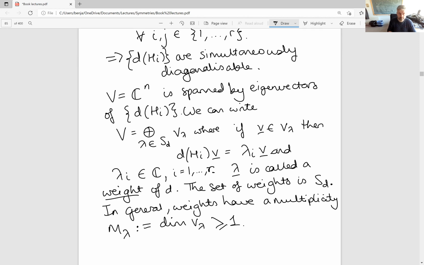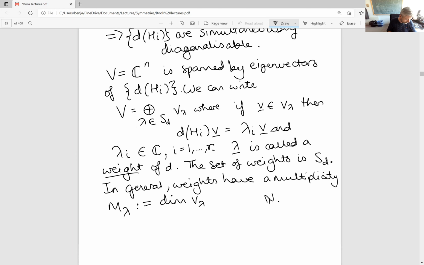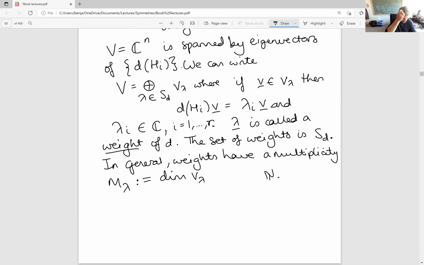So it's bigger than or equal to 1, it's some natural number. So note that the roots are the non-zero weights of the adjoint representation.